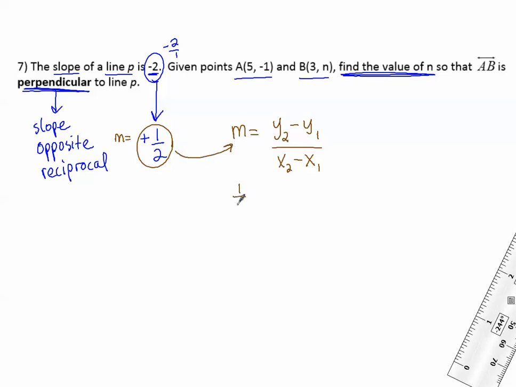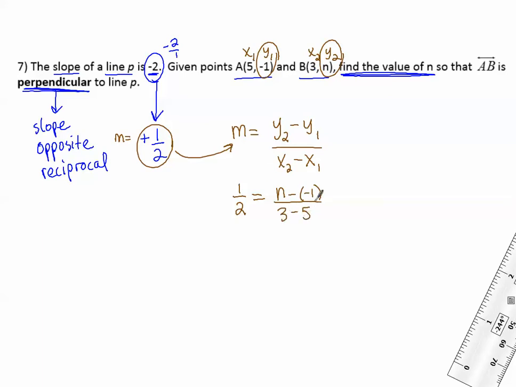So 1/2 equals, and here are our 2 points. This is our first point and our second point, if we'd like to go in that order. We start with the y's, so n minus -1 over 3 minus 5.